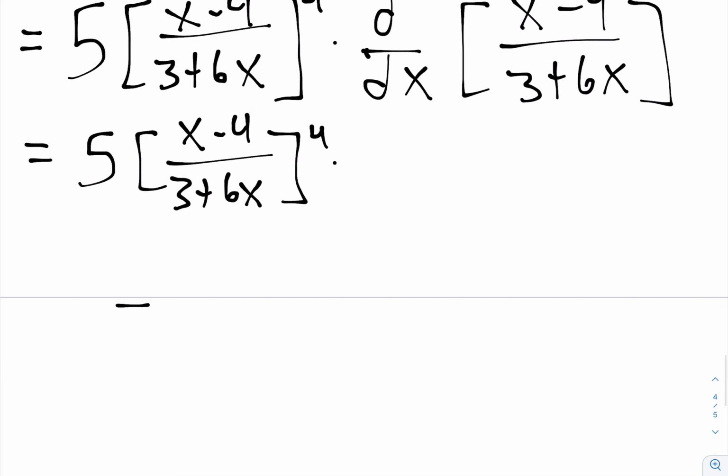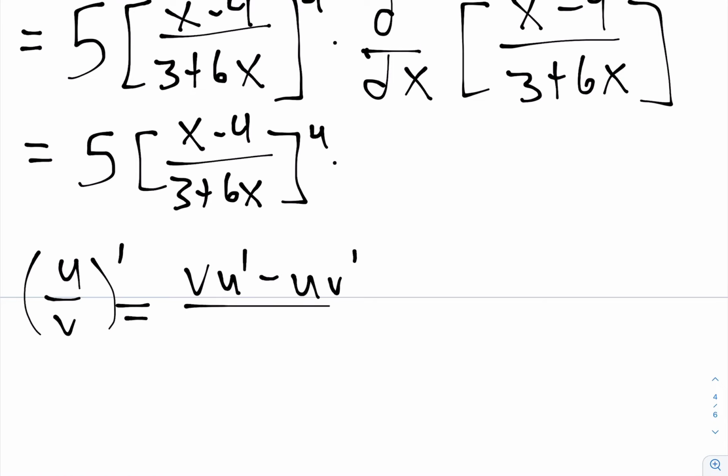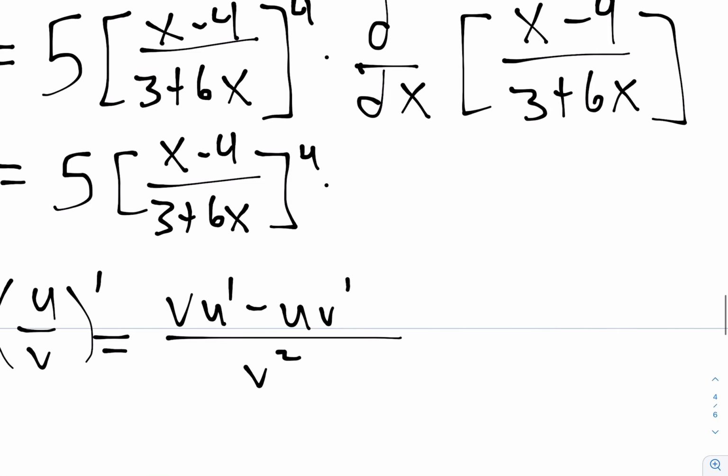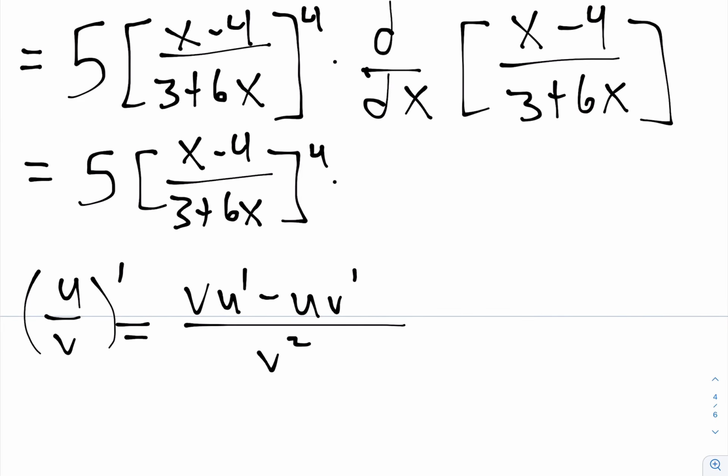So remember, the derivative of u over v is going to be v times u prime minus u times v prime over v squared. Okay, so that means our u is x minus 4, and our v is 3 plus 6x.